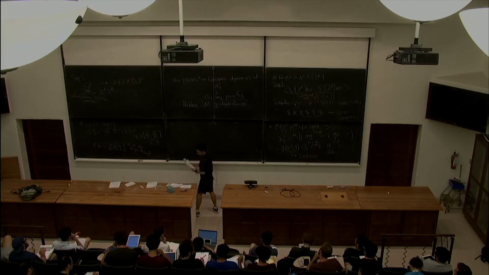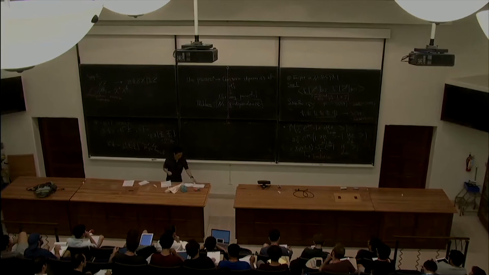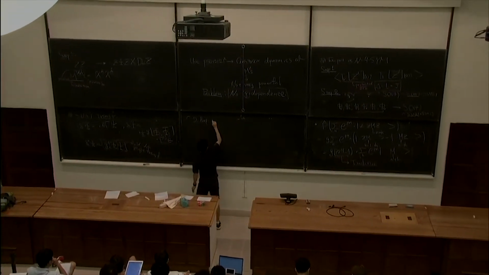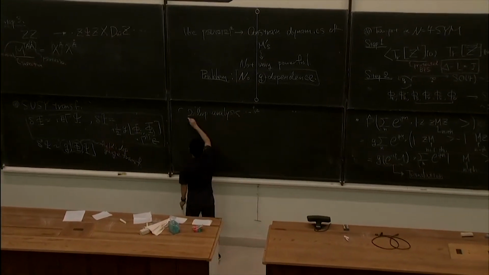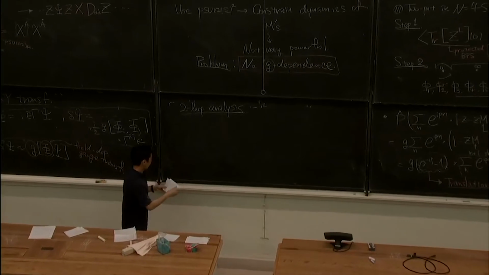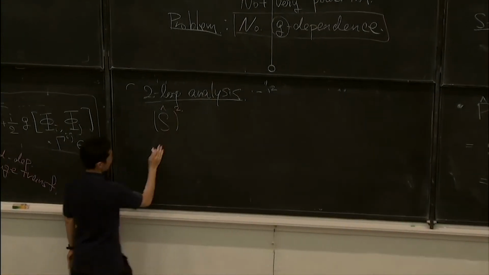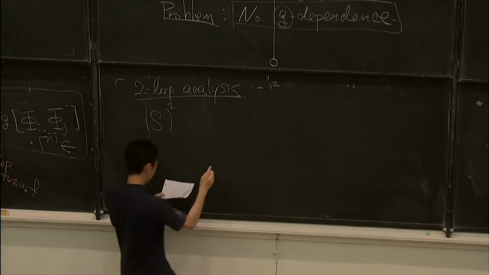And in addition to this P, there is yet another generator I need to talk about. But this generator I cannot actually explain in this lecture. So I just claim that if you do the two-loop analysis, you also find that instead of P square, you now consider S square, where S is the superconformal generator.